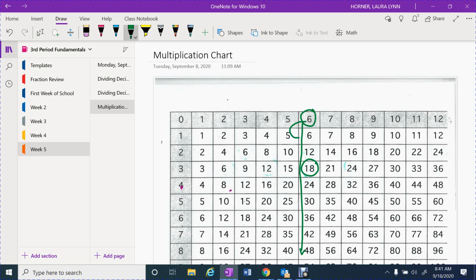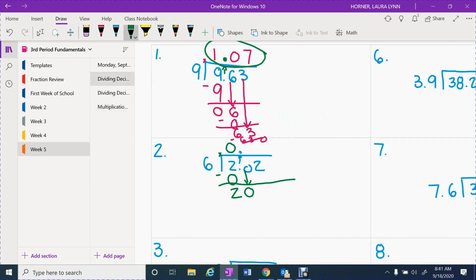Let's count. 1, 2, 3 jumps, or 6 times 3 is 18. So that means at the top of our house, I write the number 3. This is how many jumps it took. The number we landed on was 18. And if I do 20 and I take away 18, that gives me 2 left over.